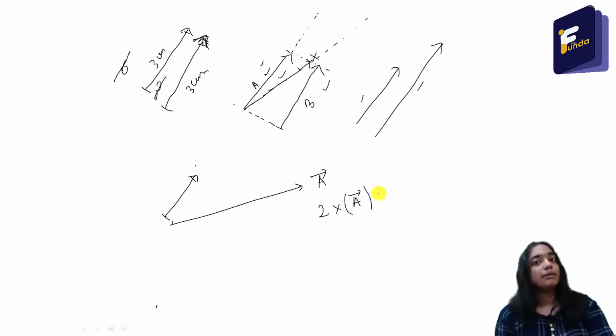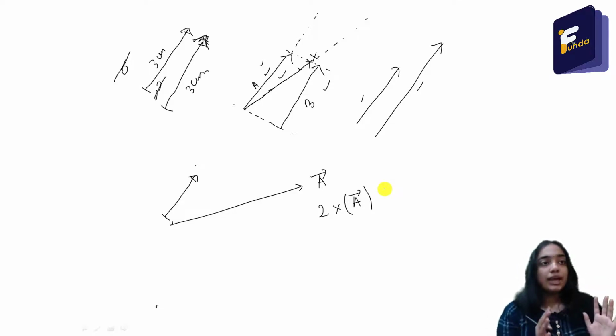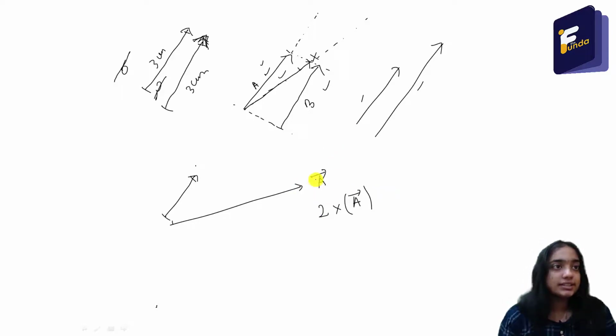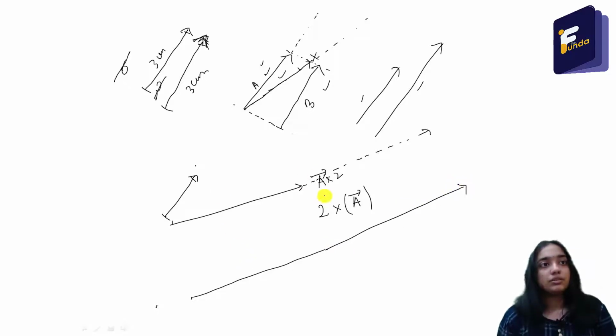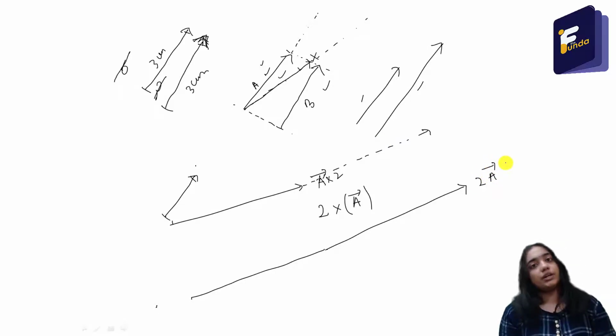As we are multiplying by 2, the magnitude will be twice what it had previously, but the direction will remain the same. So the new vector will be like this: the same direction, but the magnitude is double. This is 2 into vector quantity A.